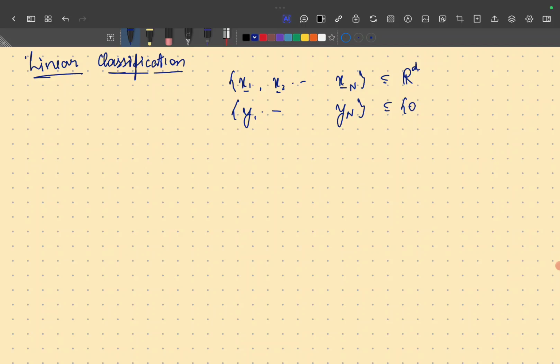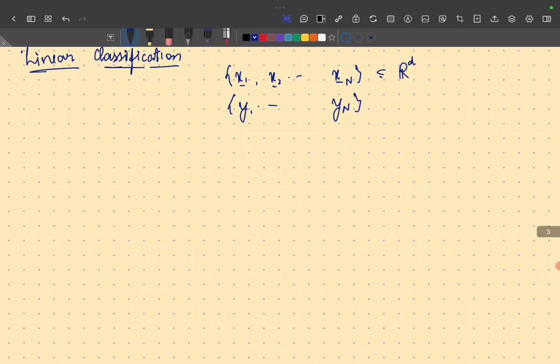So each yi is either 0 or 1. I can mark the points labeled 0 with an X and the points that are labeled 1 with a naught.